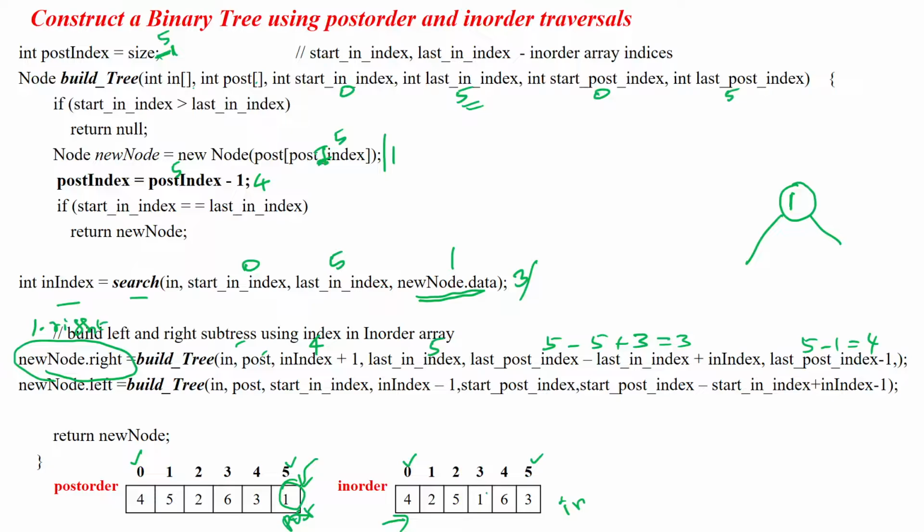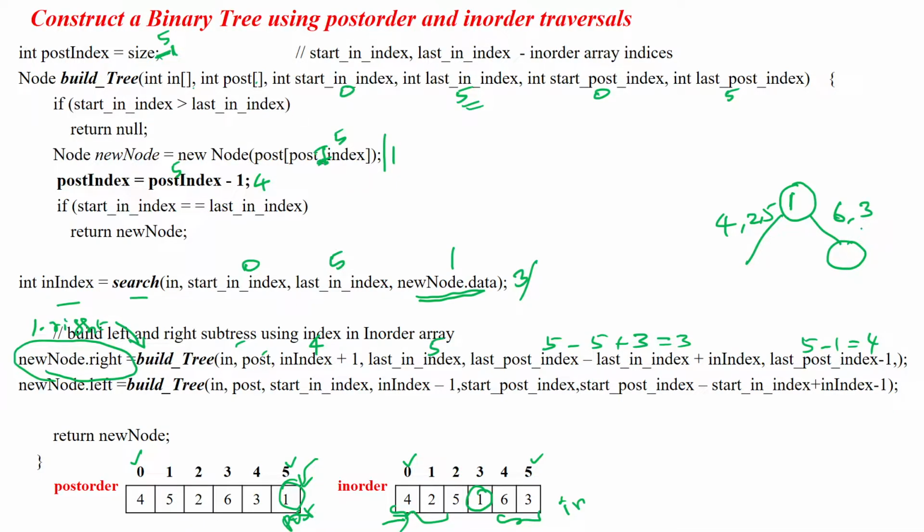So now in the in order, whichever elements are available to the right side of 1, these elements will become the right subtree. The elements which are available to the left side of 1 will become the left subtree. So first we will construct the right subtree of 1. That's why we are calling this method 1 dot right. Here among 6 comma 3 we are not sure which node will become the root.